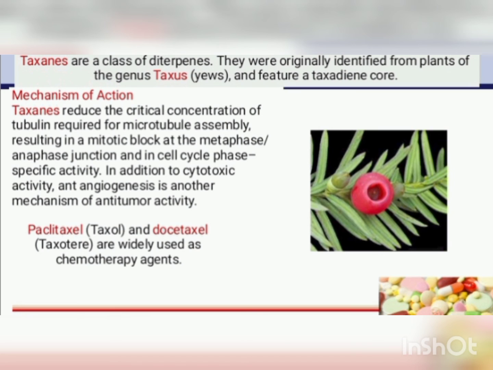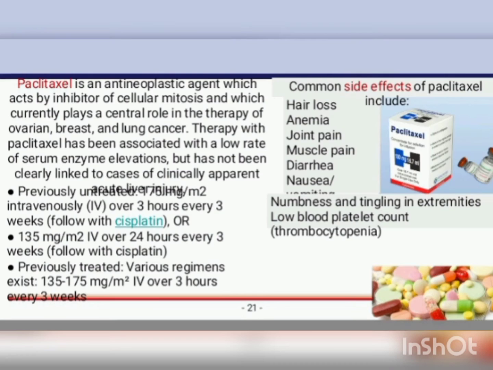Paclitaxel (Taxol) and docetaxel (Taxotere) are widely used as chemotherapy agents. Paclitaxel is an antineoplastic agent which acts by inhibiting cellular mitosis and currently plays a central role in the therapy of ovarian, breast, and lung cancer.